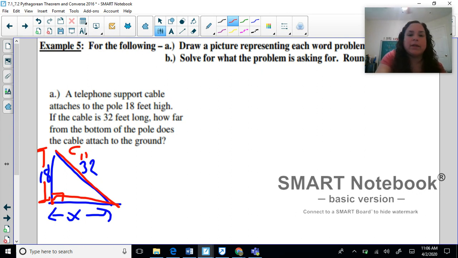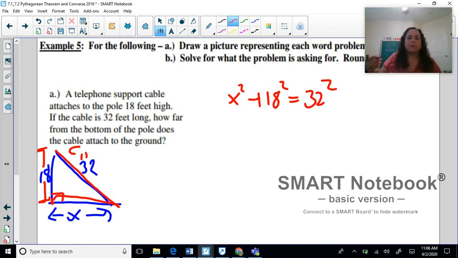When we plug that into the Pythagorean theorem, we'll have x squared plus 18 squared equals 32 squared. And then we just simplify the way we normally do. Let's go ahead and multiply 18 squared. 18 times 18 is 324.